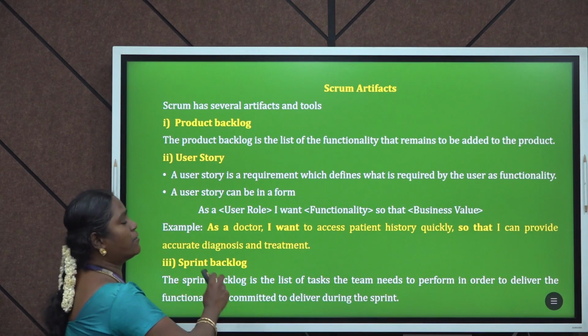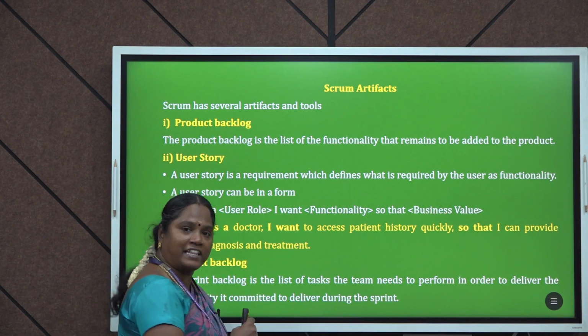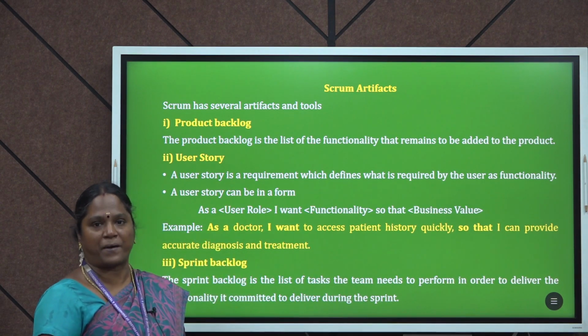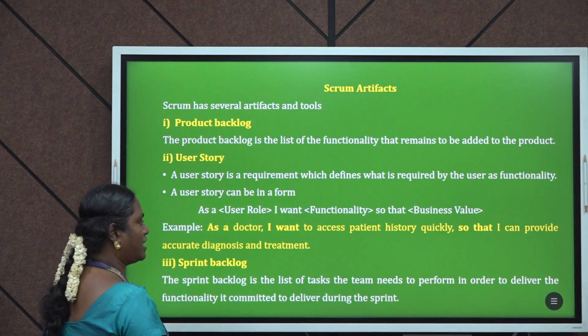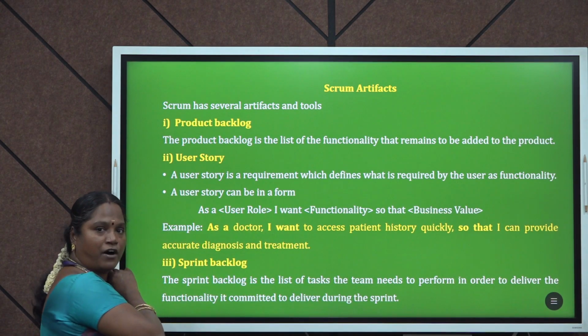This is the requirement of the doctor. While the doctor is using the app, they need to get the patient history quickly to provide suggestions to the patient. This is the requirement of the doctor, but it will be defined in the user story format.